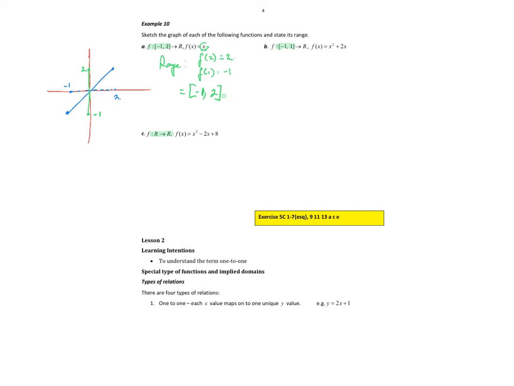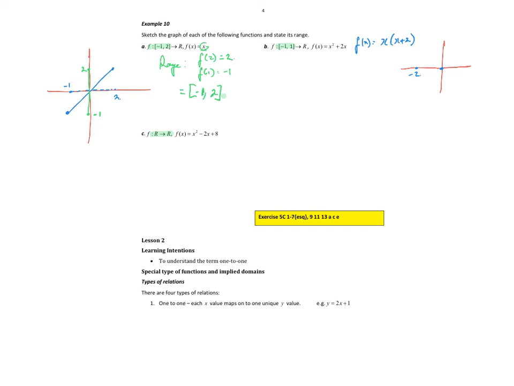Same thing. X squared plus 2x. So if I factorize that, I get x times x plus 2. So it's a parabola with intercepts at 0 and -2. So my intercepts there. What's the domain I'm sketching over? -1 to 1.